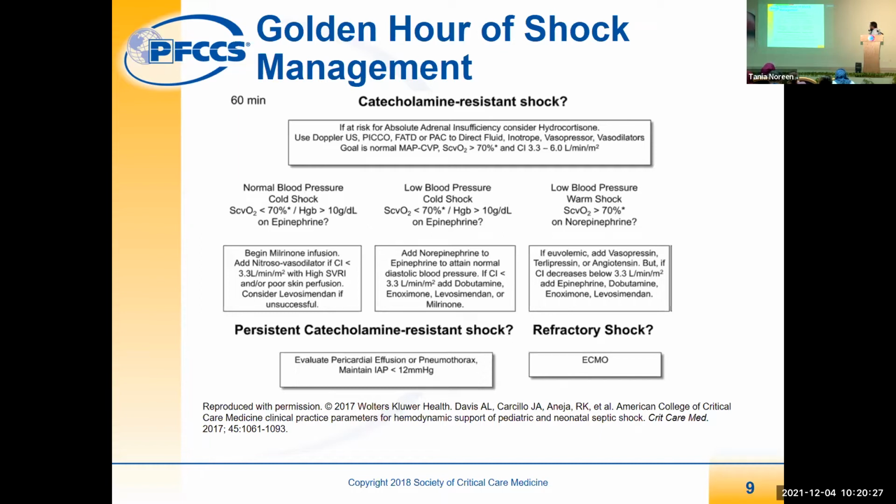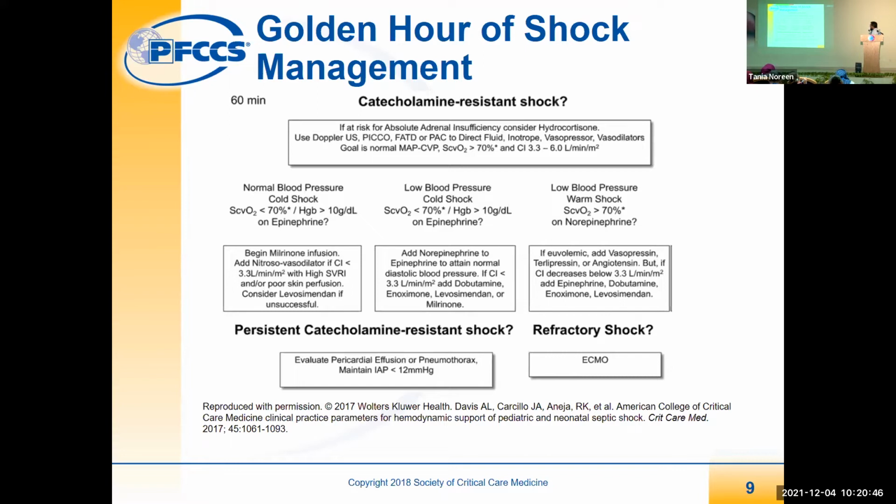So there are certain situations. If the BP is normal and the patient is in cold shock, epinephrine may be the preferable choice. If the BP is low and it is cold shock, the hemoglobin may need to be optimized.